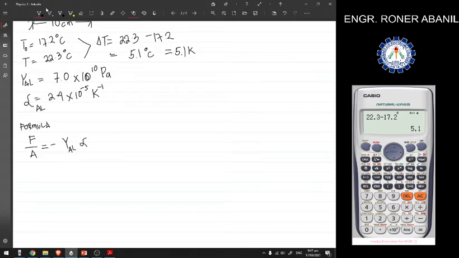Tapos, alpha ng aluminum multiply ng change of temperature. So, pwede nating ipasok, no? Pwede natin siyang ipasok. Meron tayong 7.0 times 10 raised to 10 multiply by 2.4 times 10 raised to 5. Change of temperature natin is 5.1.